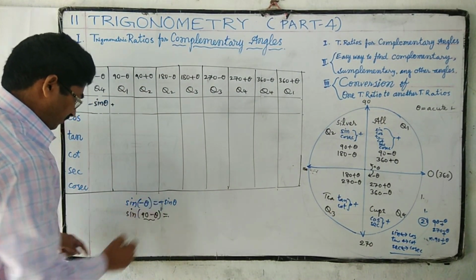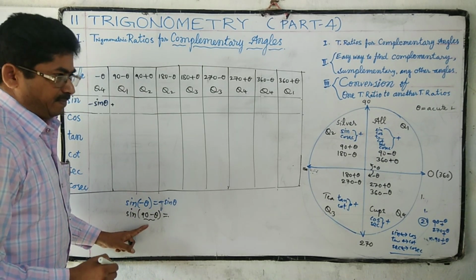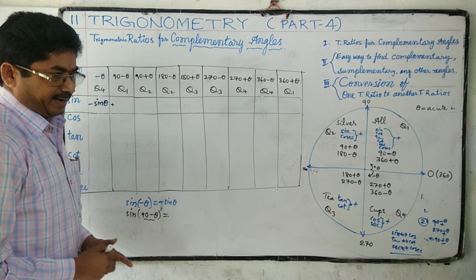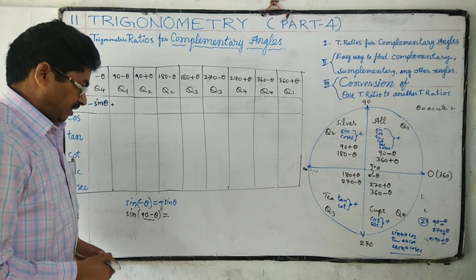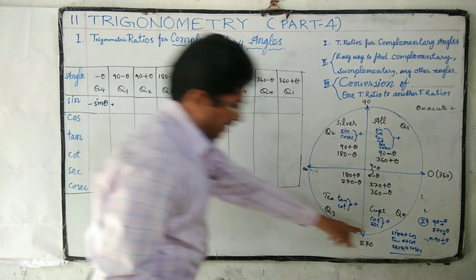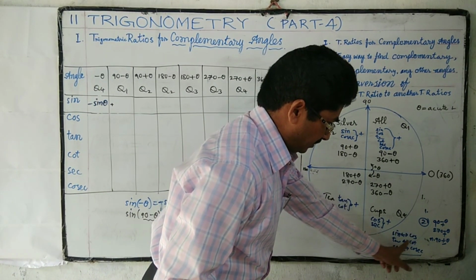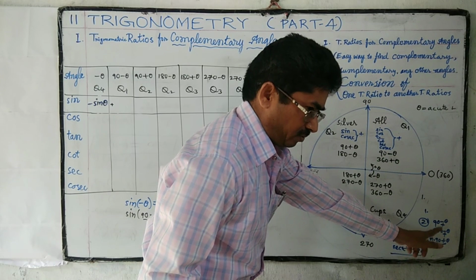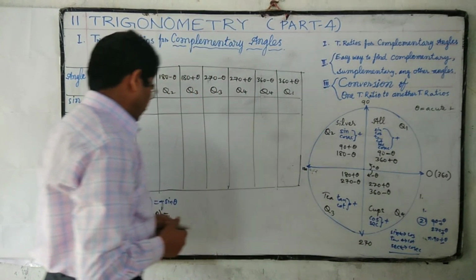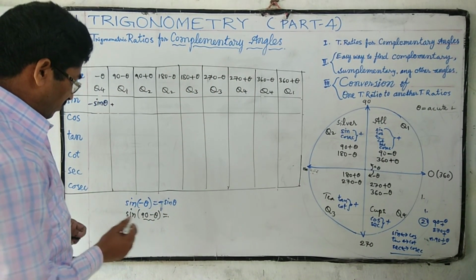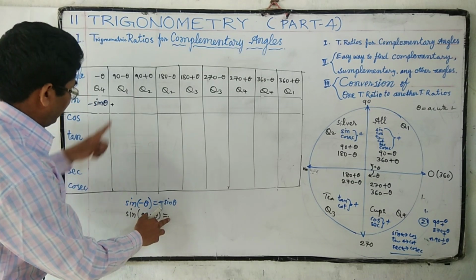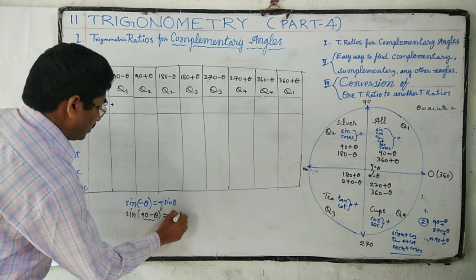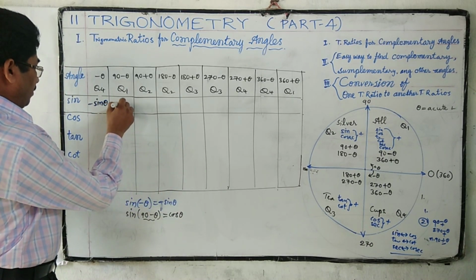The function having 90 plus or minus theta, 270 plus or minus theta, n90 plus or minus theta, we have to change the function like sine, cos, cos, sine, tan, cot, cot, tan, sec, cosec, cosec, sec. Like this we have to change. So here we have to change sine, plus only. So we have cos theta.